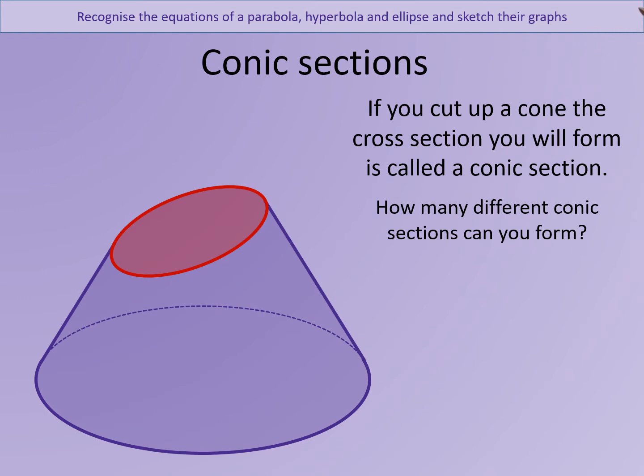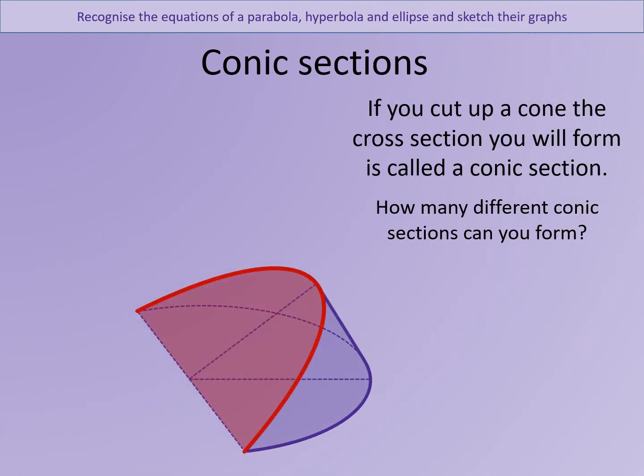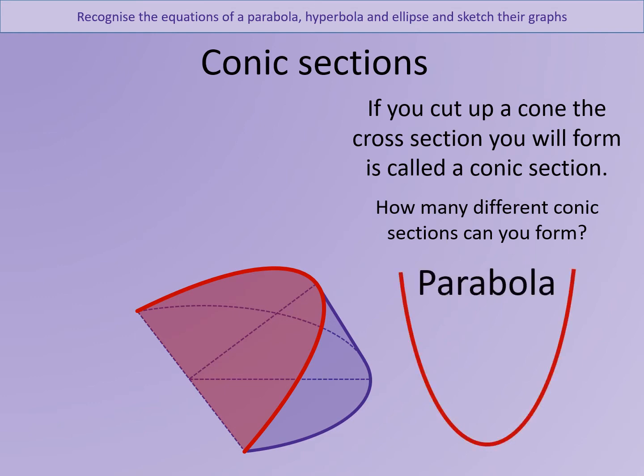Cutting through at a slight angle gives us a slightly stretched circle known as an ellipse. If you cut at a deeper angle still, we arrive at a parabola shape.